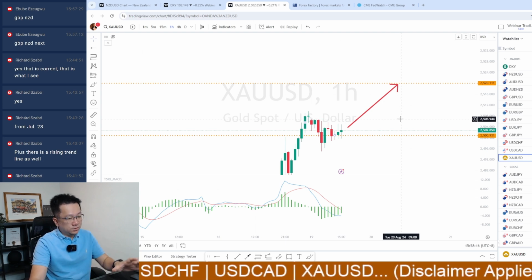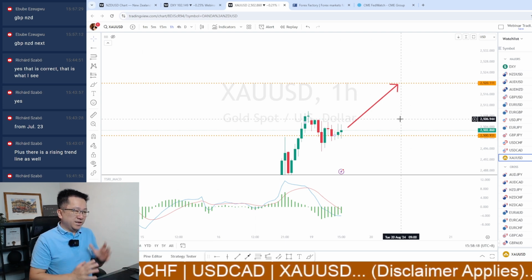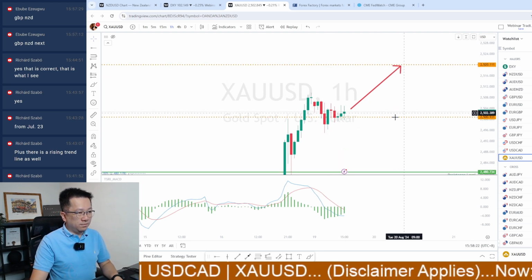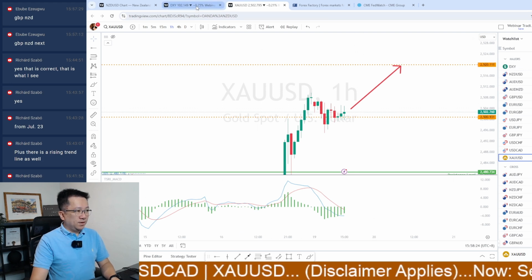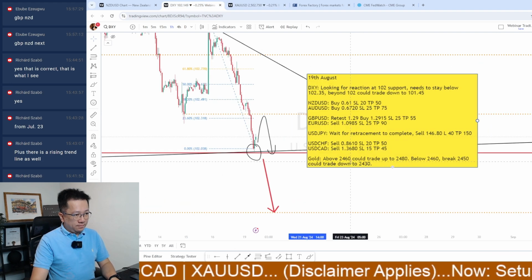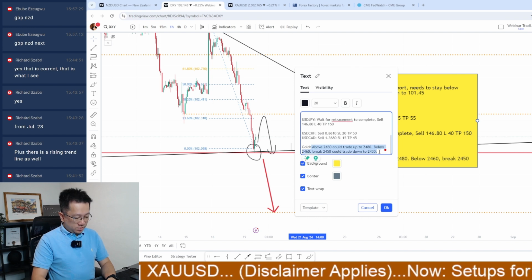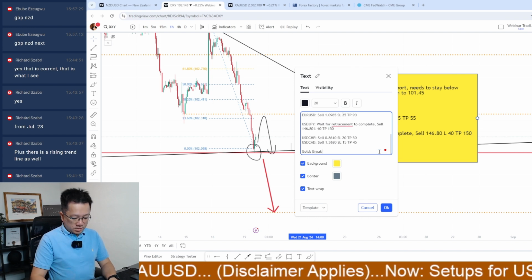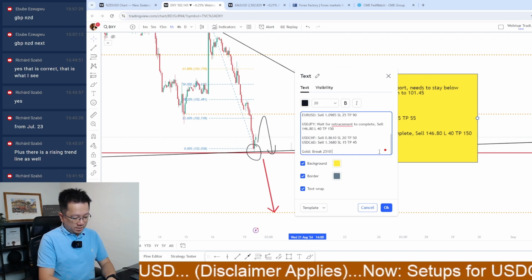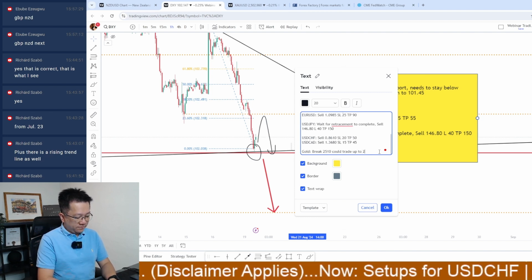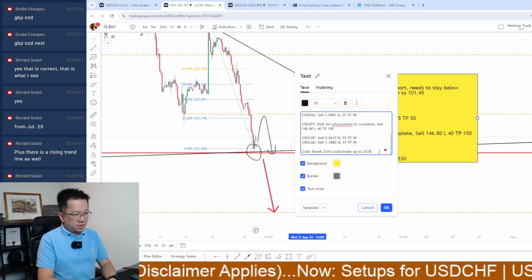I wouldn't go too crazy on this because in that area there is going to be a lot of choppiness. You have to be extra disciplined here on gold. We're looking at break 2510, could trade up to 2520.